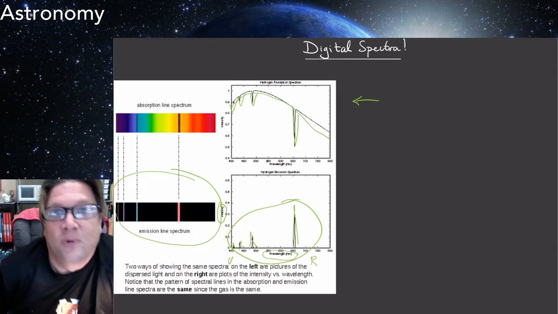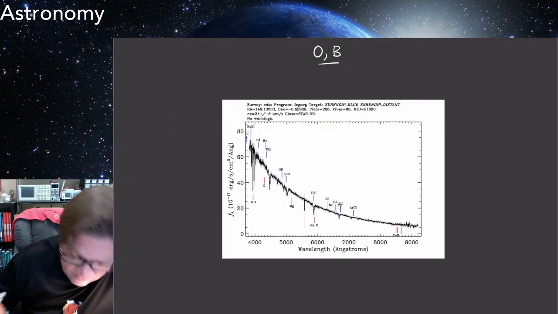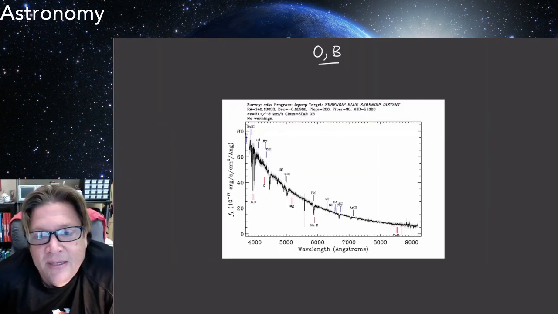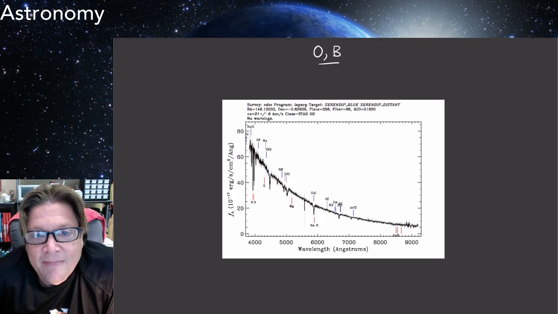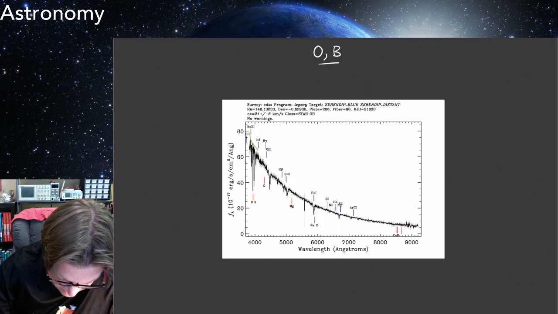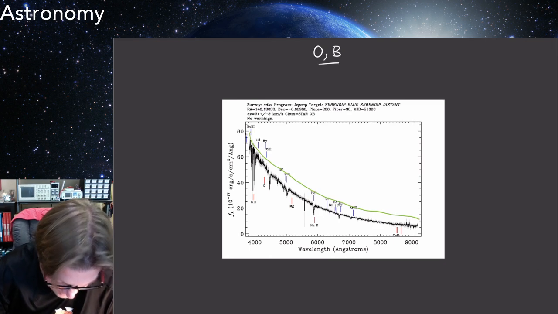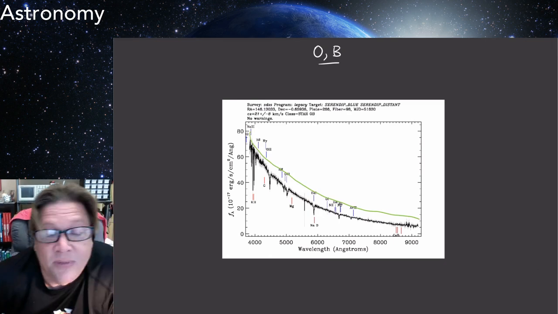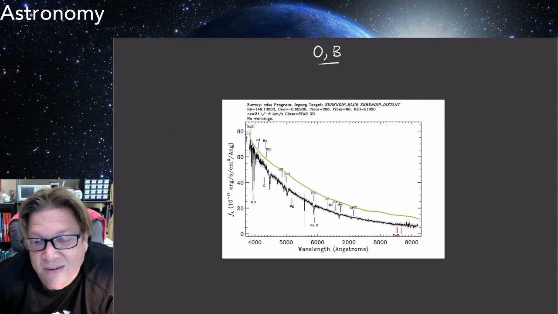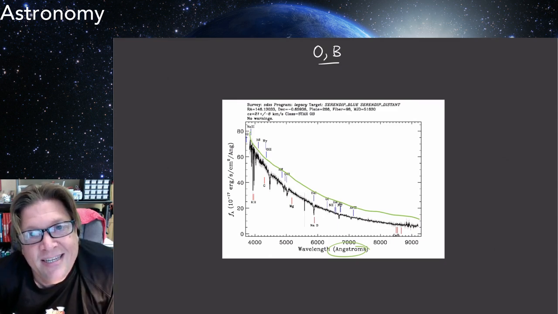Okay, for example, finally, let's look at actual stars. Boom, look at this. Type O and B. So what do we see? We see a continuum background, the overall shape of this thing. If it says angstroms down here, an angstrom is 1/10 of a nanometer.